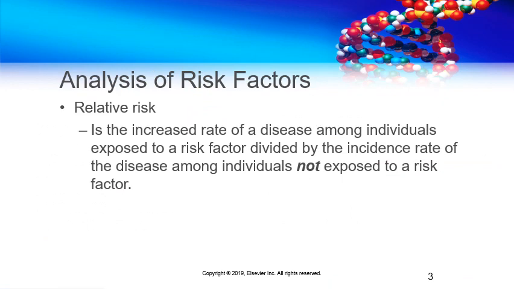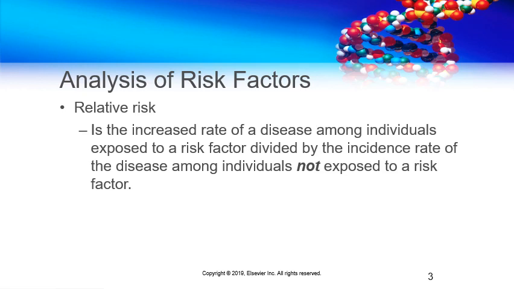When we talk about risk factors, a common measure of the effect of a specific risk factor is the relative risk, and this is usually expressed as a ratio or as a fraction. The relative risk is the incidence rate of disease among the individuals that are exposed to a risk factor divided by the incidence rate of the disease among the individuals that are not exposed to a risk factor.